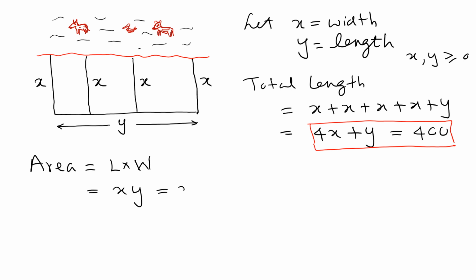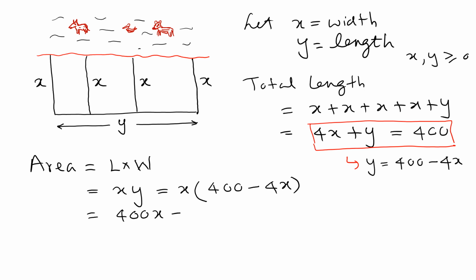You can see xy is a two-variable function, and we want to reduce it to one variable to find the maximum. From the constraint equation, solving for y gives y equals 400 minus 4x. Plugging that in, area equals x times (400 minus 4x), which simplifies to 400x minus 4x squared. That is the objective function.